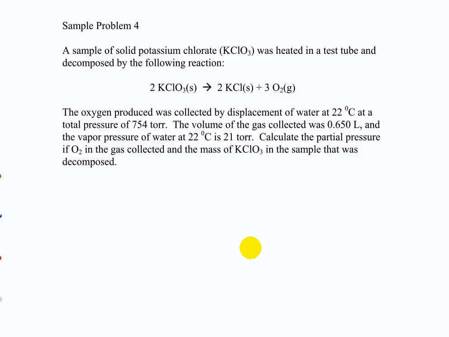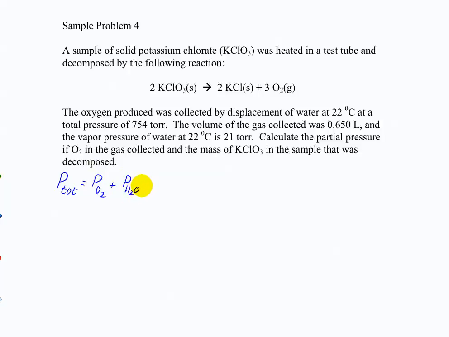Let's think back to some of the stuff we know in this problem. We know the total pressure, right? We know the temperature. And we know the vapor pressure of water. Right, exactly. So you realize from Dalton's law that the total pressure must be the pressure of oxygen plus the pressure due to the water vapor.